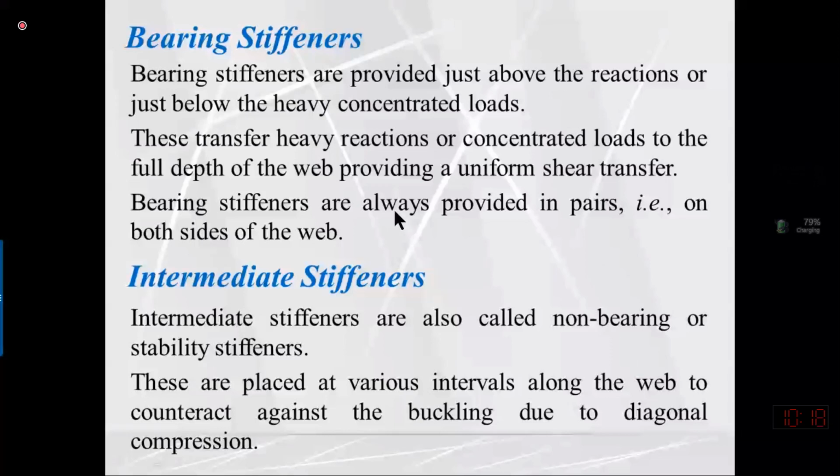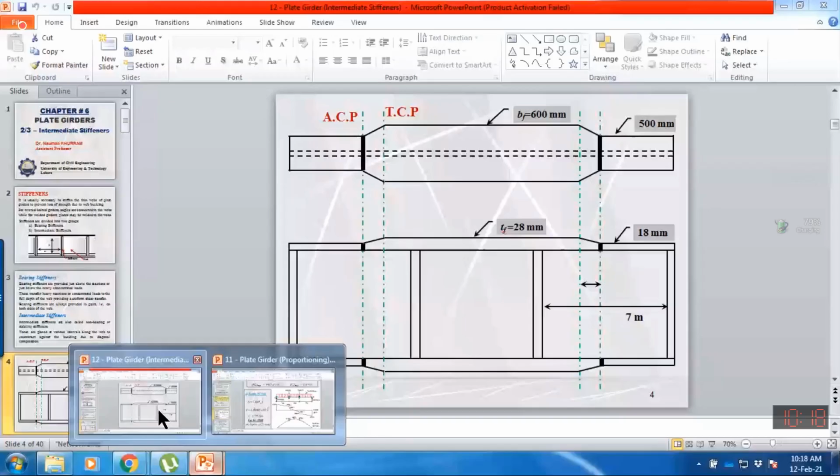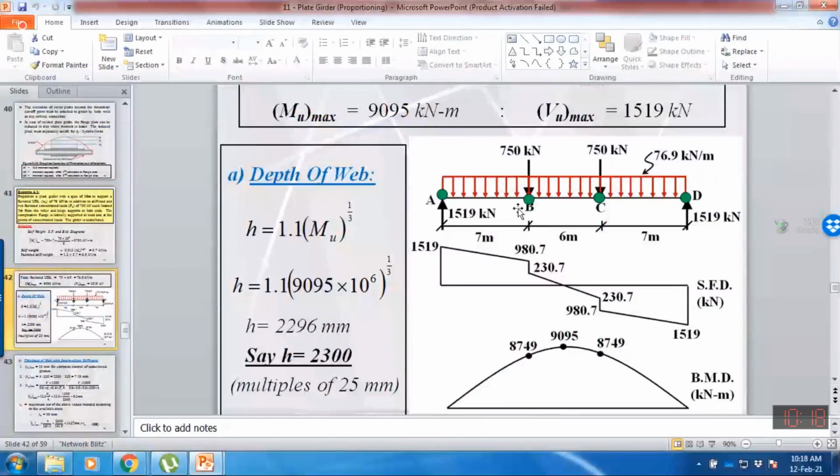So for example, we have discussed example 6.1. Here you will see that the end reaction is also a concentrated force, a very heavy force, 1519, which is acting at the end.